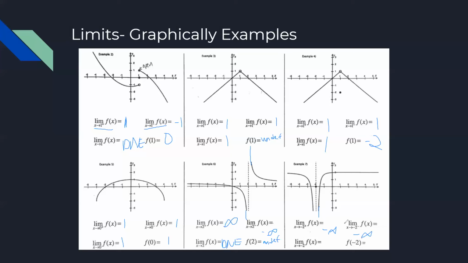Therefore, the limit as x approaches negative 2 is negative infinity. And here it is asking us for f of negative 2. There is a filled-in value, and it's 0. So yeah, those were our first couple of examples.